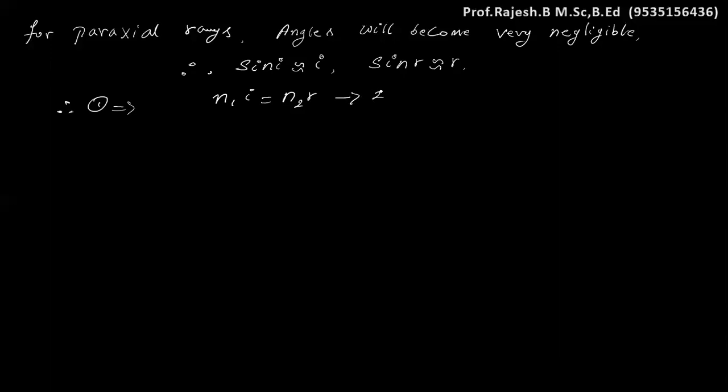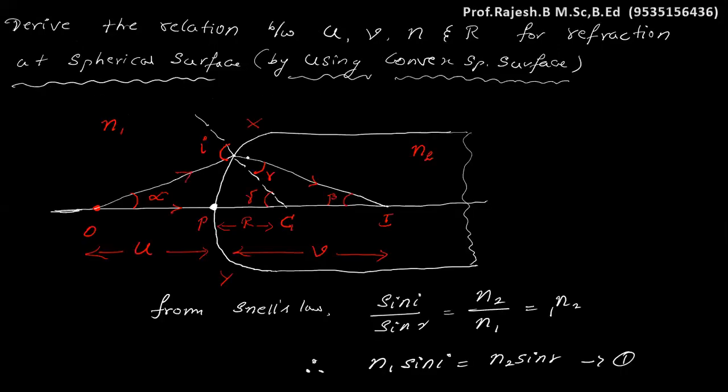Call it equation 2. Now we have to find the I and R values. By considering the previous diagram, I'll call the normal meeting point L. Consider this triangle ONC.